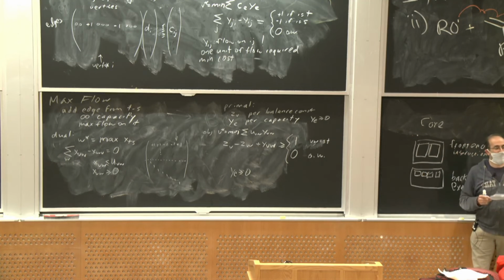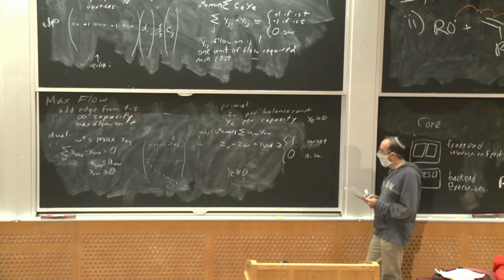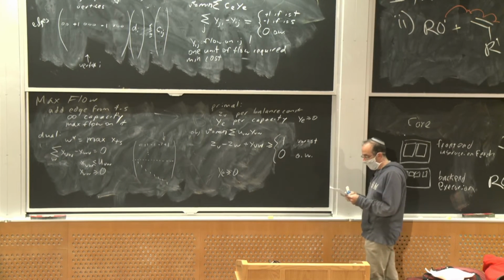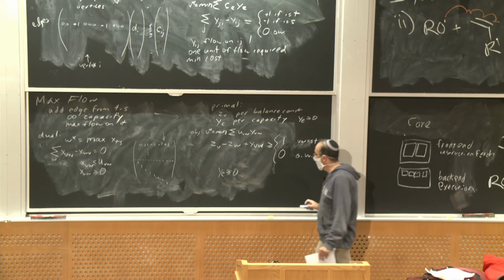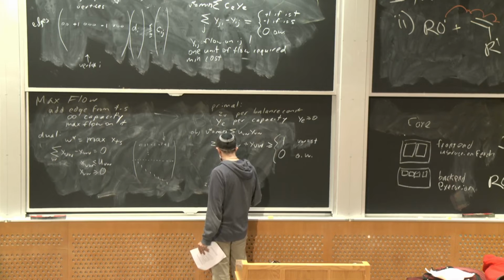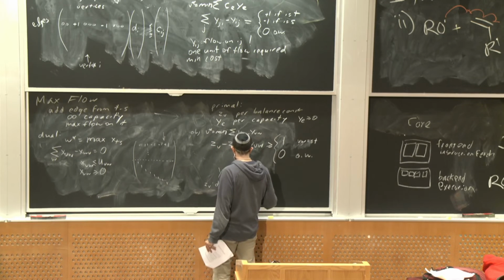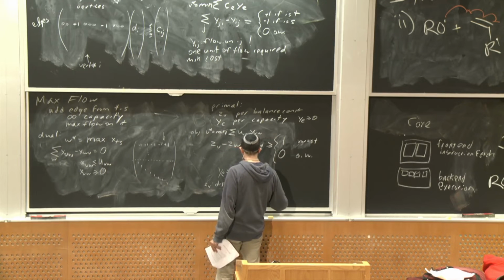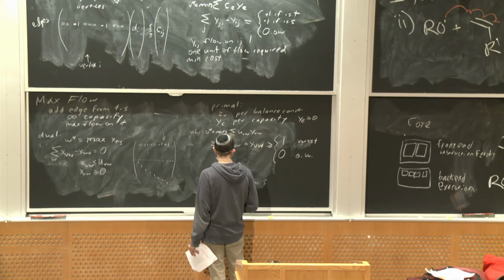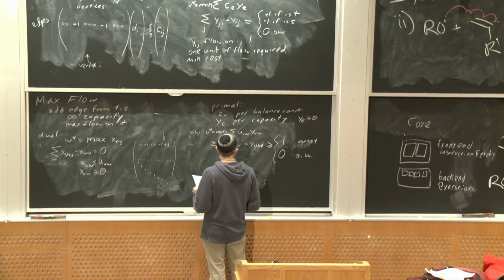Shortest paths, right? So this looks like a kind of a triangle inequality constraint, right? So we can think of the ZVs as distances from S, say. Right?